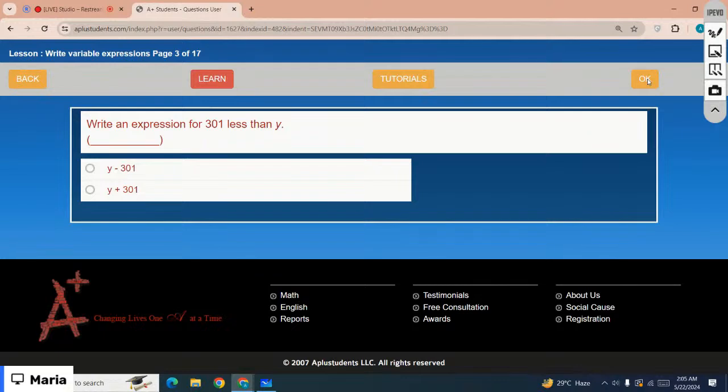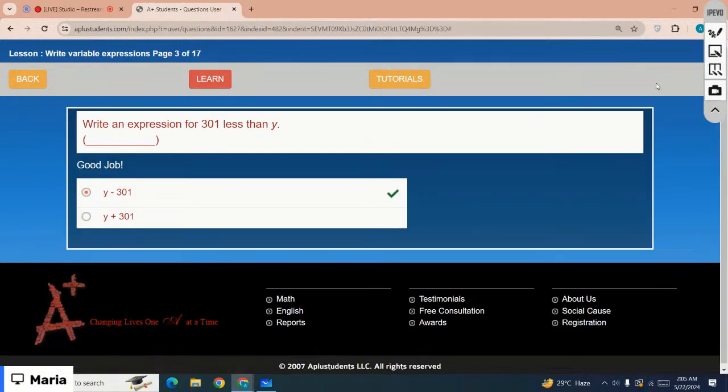Right, so less than means, very good, you have to subtract. That is y minus 301 is the correct option.